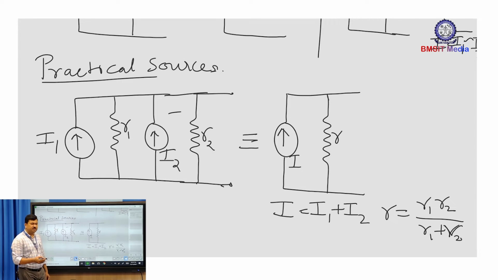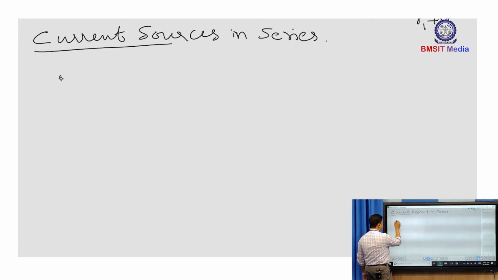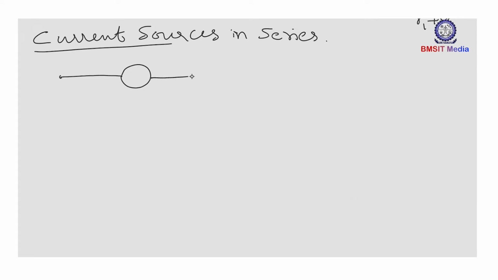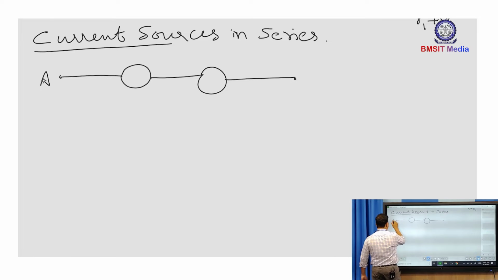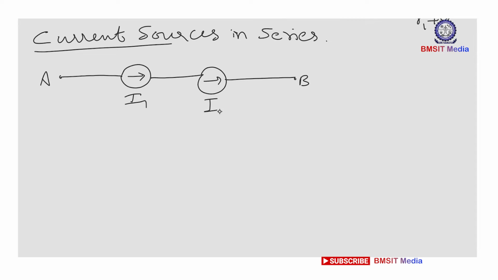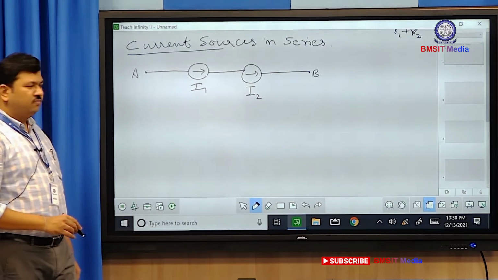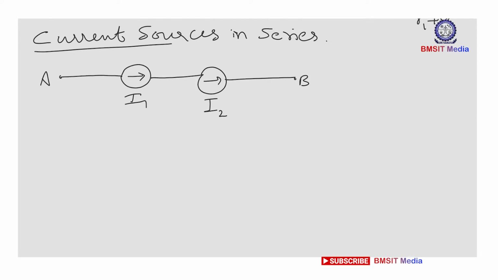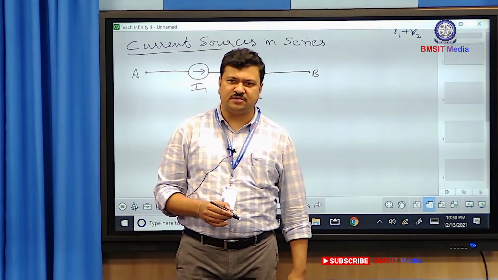Now what if independent current sources come in series? When two current sources come in series, suppose between terminal A and terminal B, let this be current of value I1, let this be the current of value I2. We know that in any branch there can't be two different currents existing simultaneously.